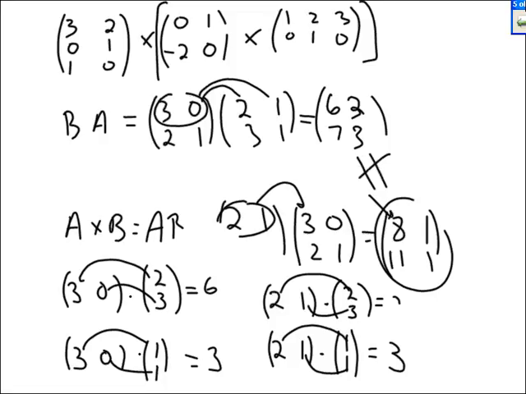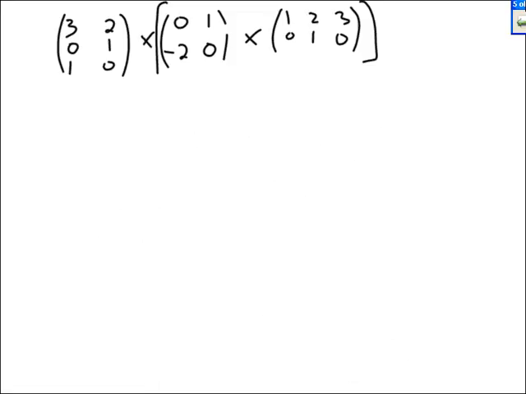However, it has the associative property. As long as the sizes are such that the multiplication makes sense, you can multiply in any order that you feel like. You can invoke the associative law. You can move the brackets. In this problem on top, I choose to multiply the first two together.